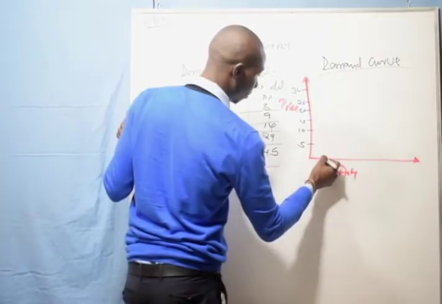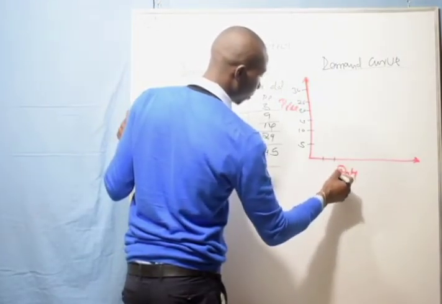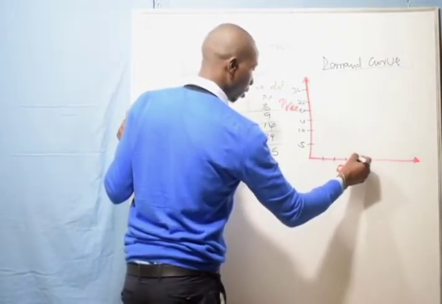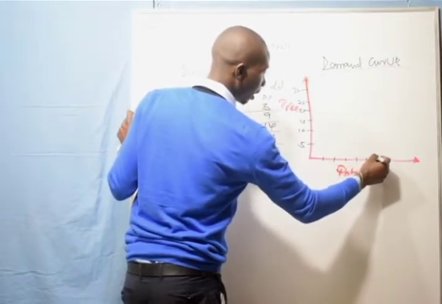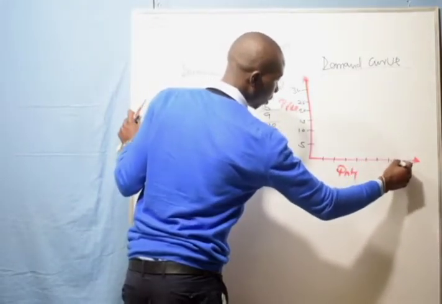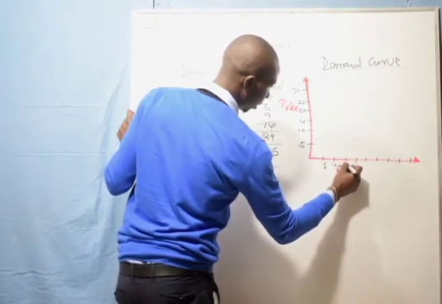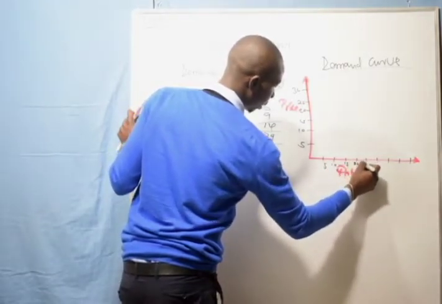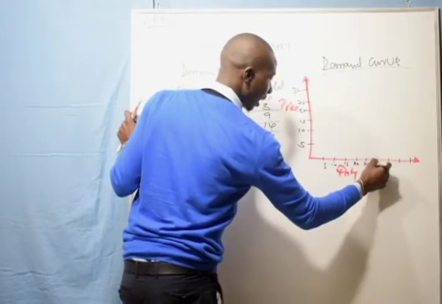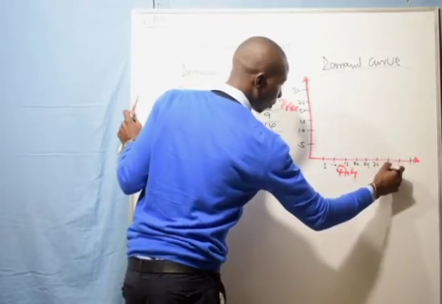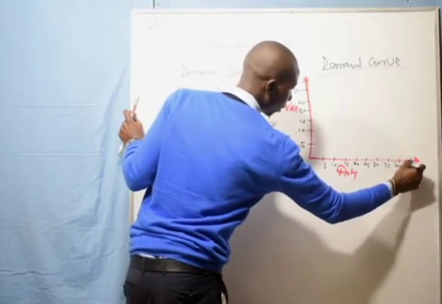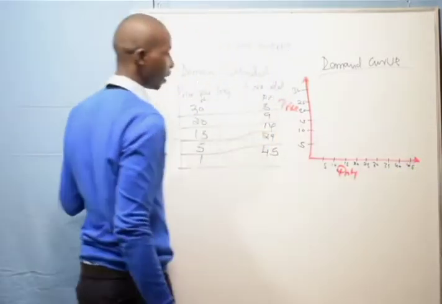So we have 5, 10, 15, 20, 25, 30, 35, 40, 45, and maybe 50.